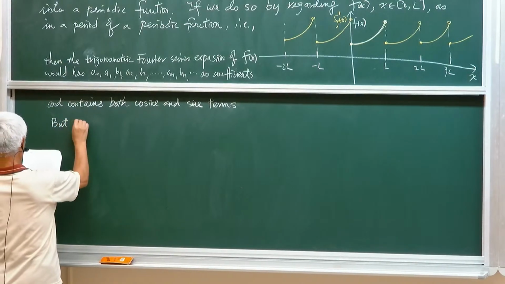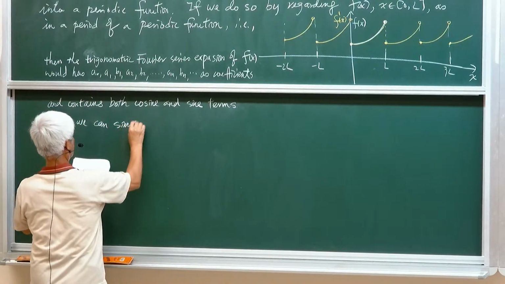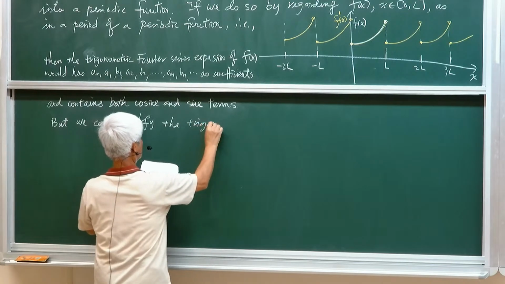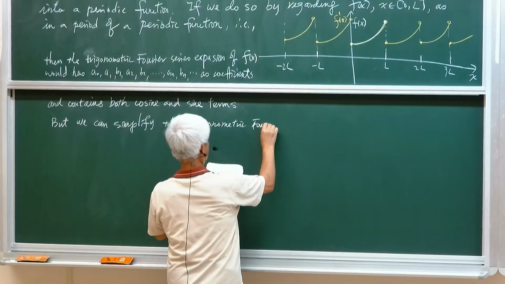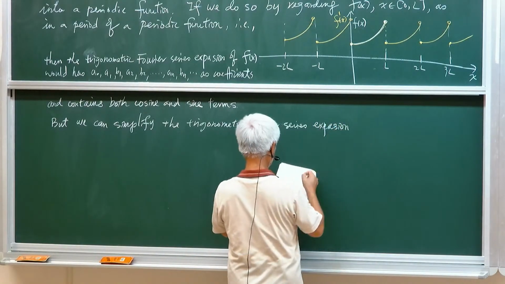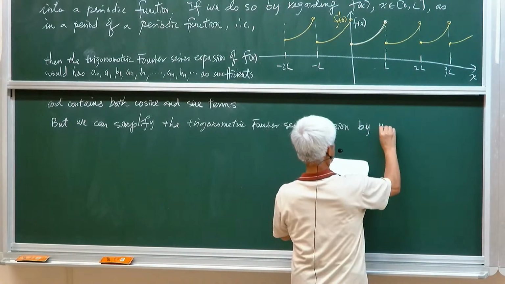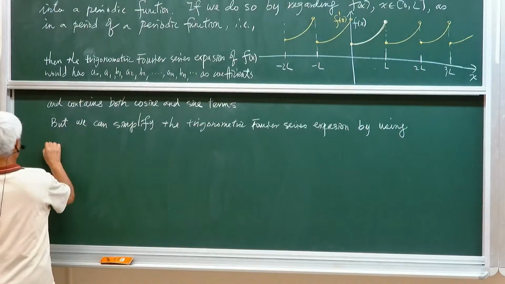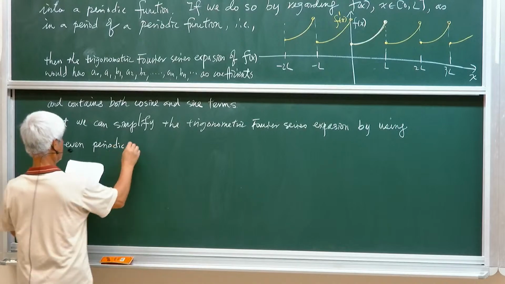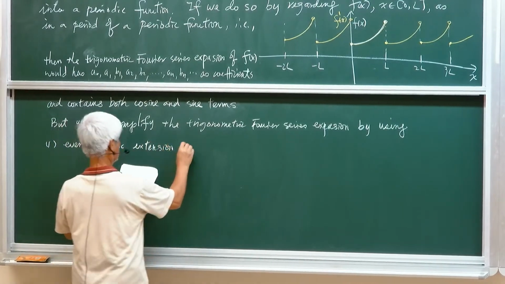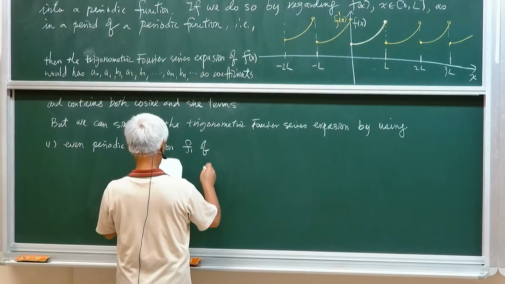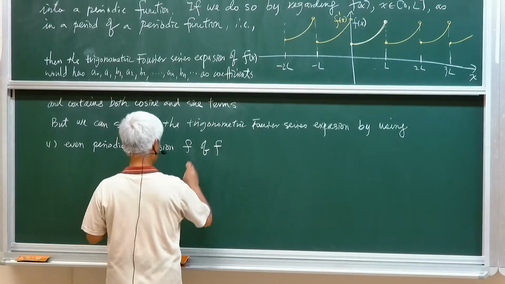So we can simplify the trigonometric Fourier series expansion by using either the even periodic extension, we call it F1 of f, so maybe I will use FE, all right?